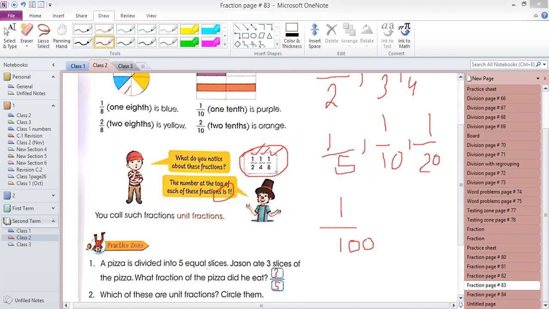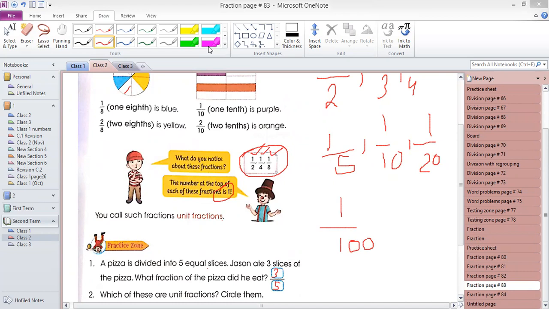Is it clear, guys? Yes, sir. Very good. So unit fractions always have 1 in their numerator. Okay? Very good.